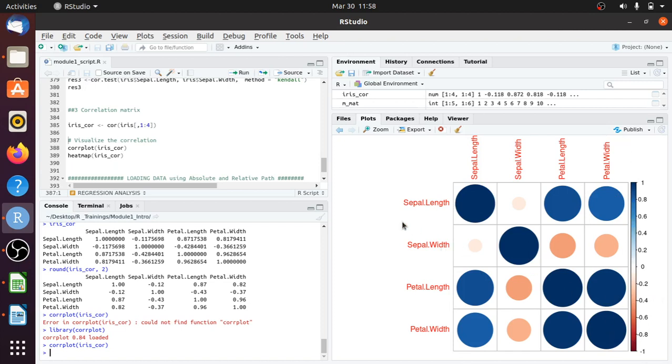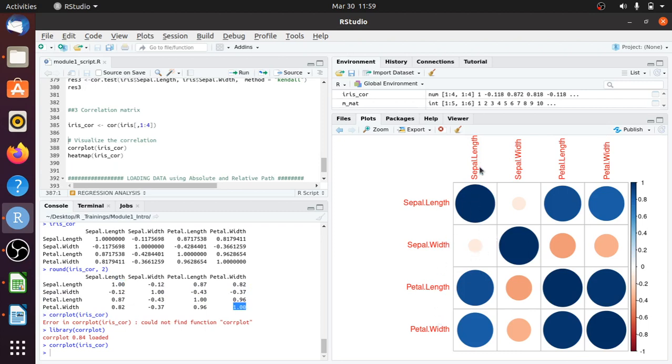So this is strong. Definitely you expect 1 for sepal length versus sepal length. They are the same thing, so no story. This one also no story. You can see 1, 1, 1. So what we have done here is just visualize what we're doing.